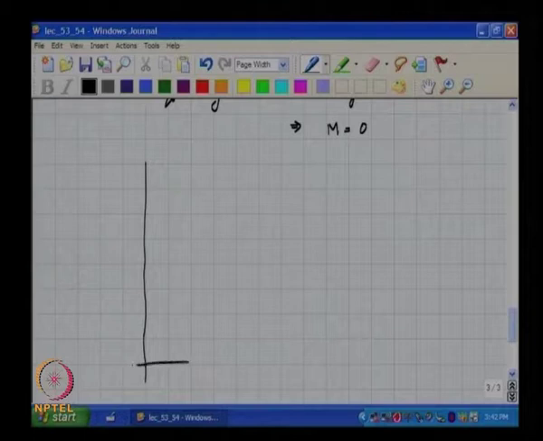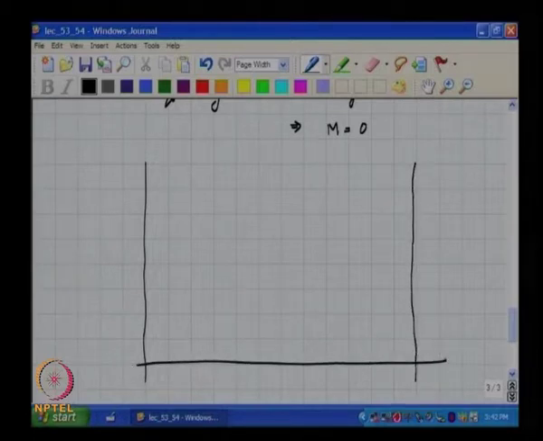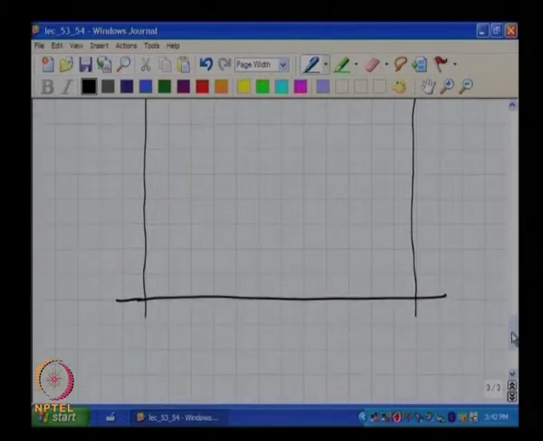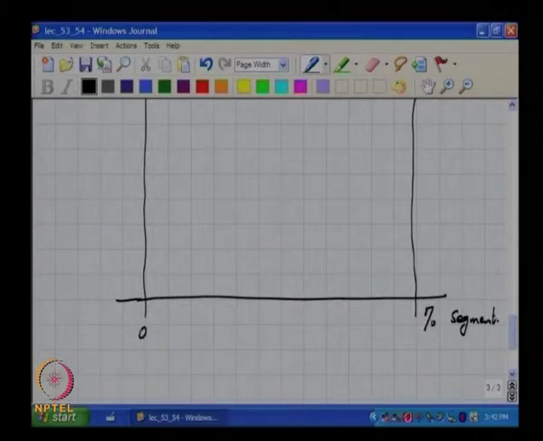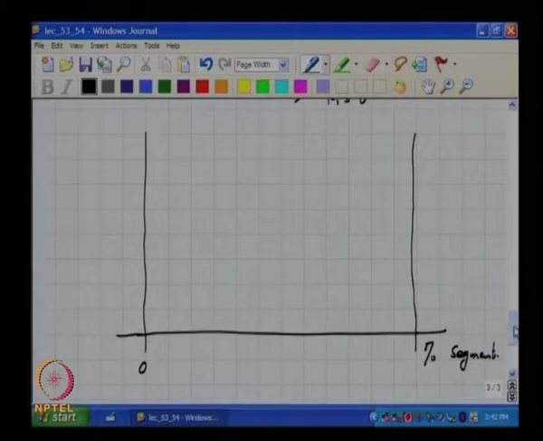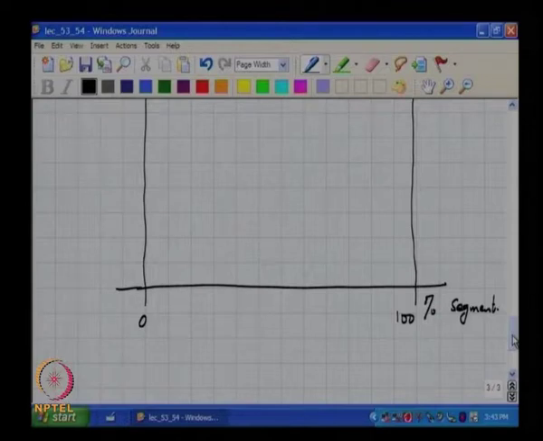Now, let us plot the percentage of segmentation on the x axis. This is 0% and this is 100%. Okay. So, this corresponds to a binary DAC, this corresponds to a thermometer.